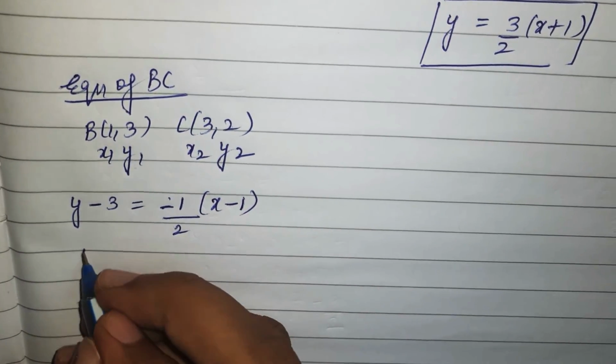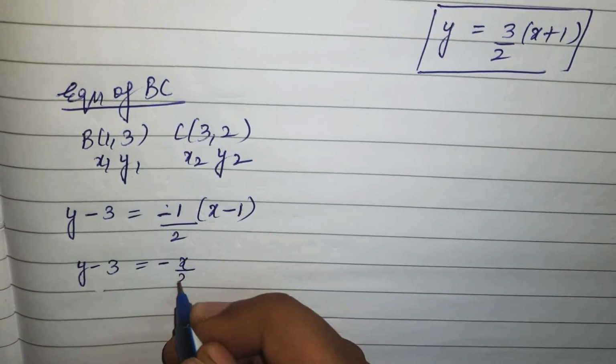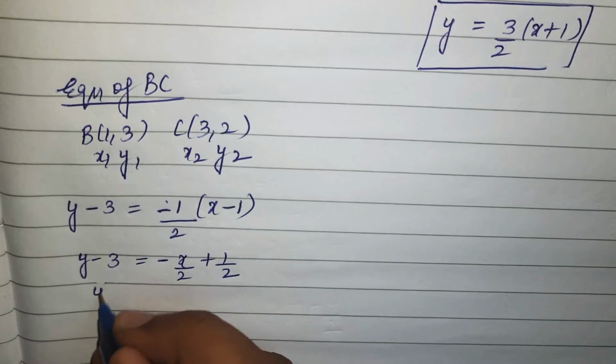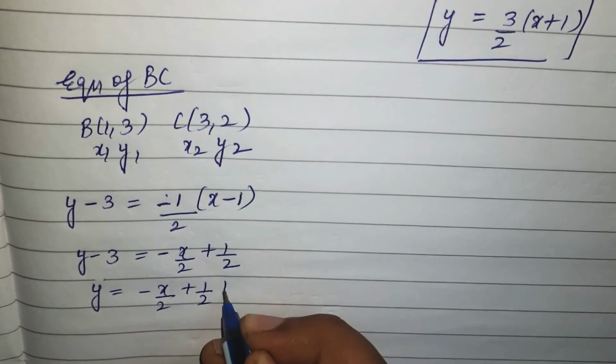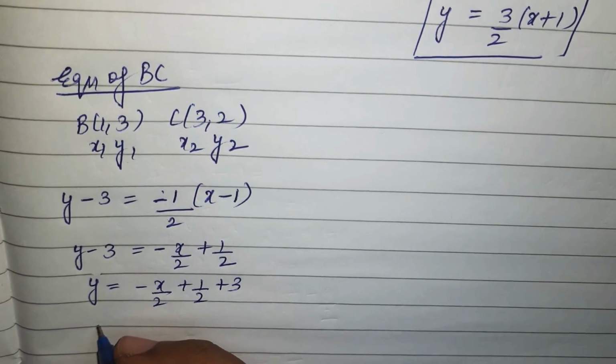So you will get y minus 3 equals minus x by 2 plus 1 by 2. If I want to calculate y in terms of x, it is minus x by 2 plus 1 by 2 plus 3.